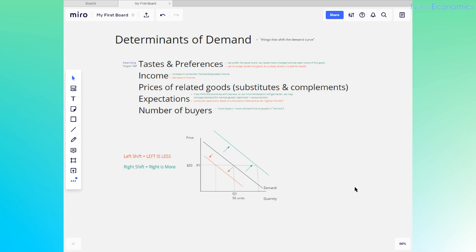This is what we tend to do when we expect, for example, a recession as a general public. We all tighten the belt and we all decide we're not going to go out to eat, we're not going to go to the movies, we're not going to go to the ball game, those kinds of things. That affects the people who work in those industries. They're taking in less income.